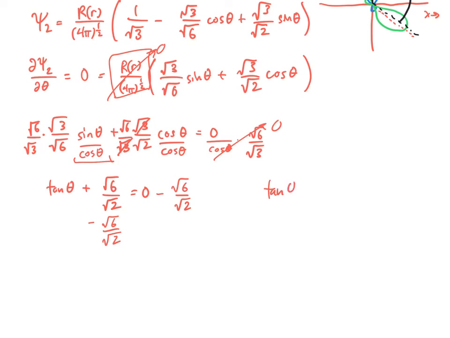And I get that the tangent of theta is equal to the negative square root of 6 over the square root of 2. But that's just the negative square root of 3. And if you then take the arctan of both sides, then you get arctan negative square root of 3, and that's going to be 120 degrees.